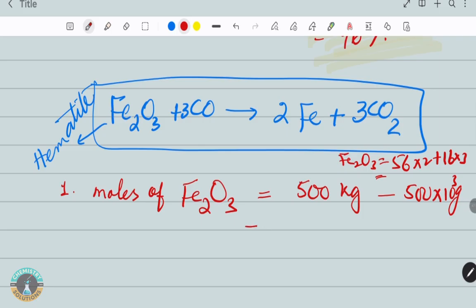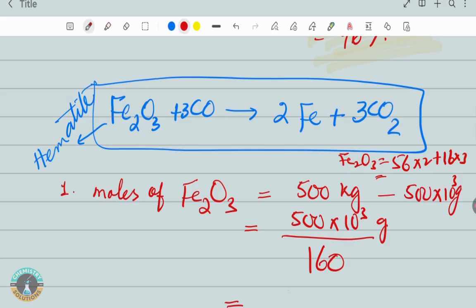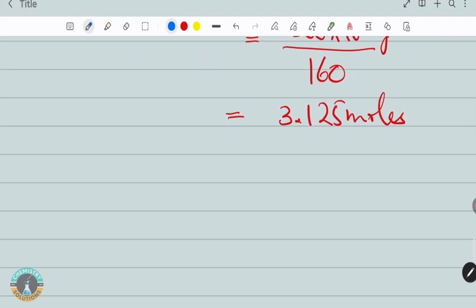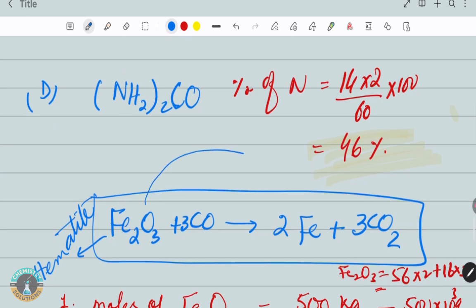So moles equal 500 into 10 raised to power 3 gram divided by 160 g/mol of Fe2O3. So 500 divided by 160, the answer will be 3.125 moles of Fe2O3.